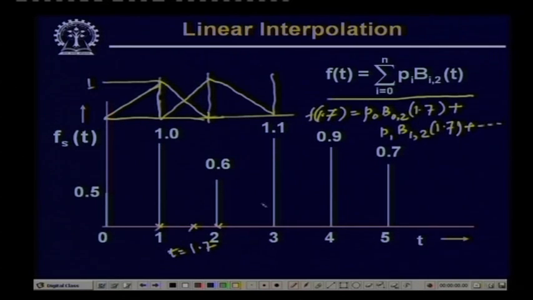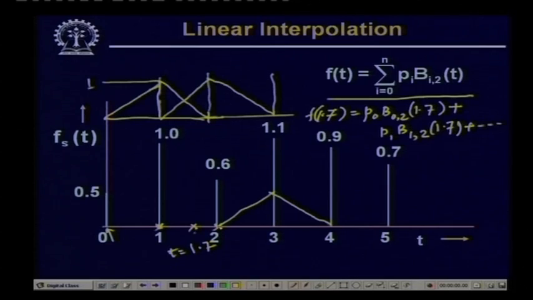Here you find that the contribution to this point t equal to 1.7 by the sample value P 0 is given by the interpolation function B 0 2 t, and the contribution by the sample f1 or P1 is given by B 1 2 1.7. The contribution by the sample value f2 is given by B 2 2 1.7, but that is equal to 0 at t equal to 1.7, because B 2 2 t is something like this.